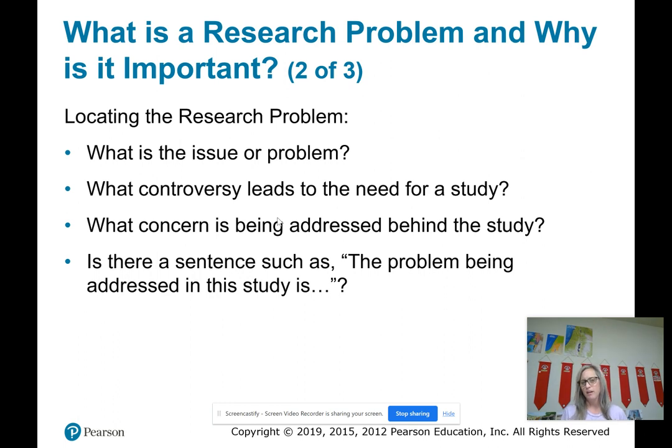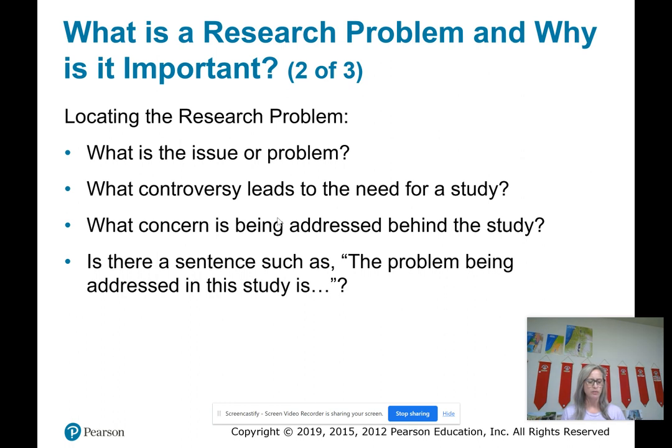By now, you may have already read those 3 articles on teacher stress, and one of your assignments is you're going to have to identify what those research problems are and compare them, okay?